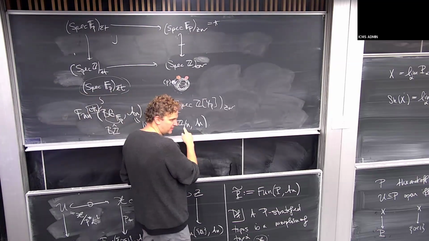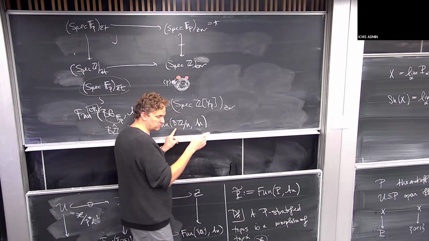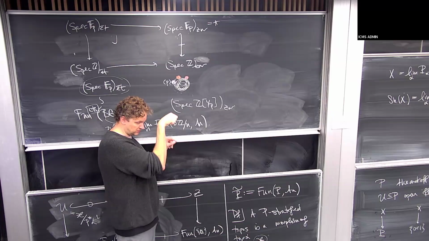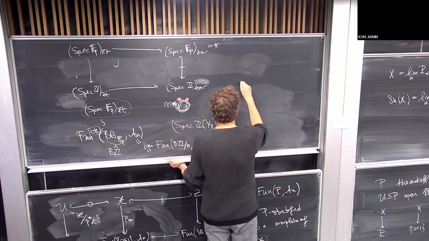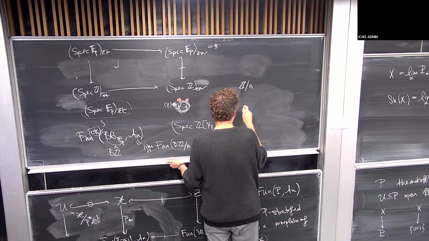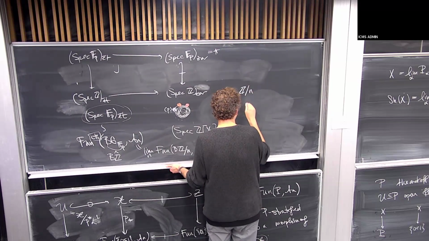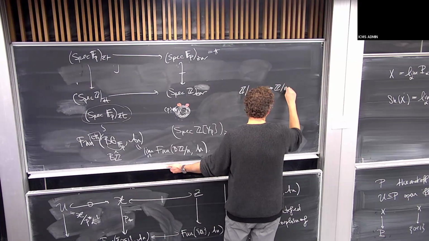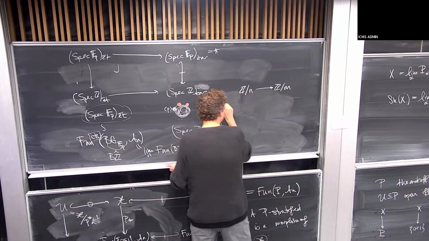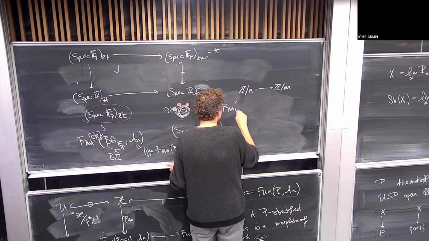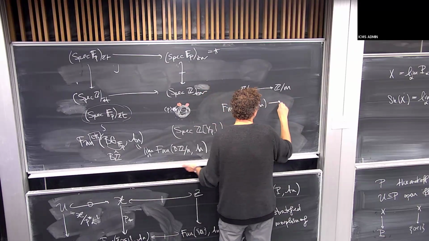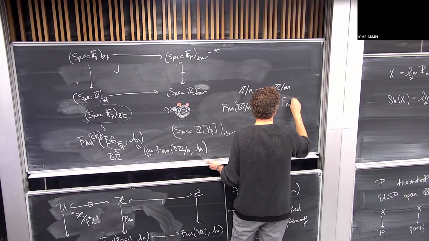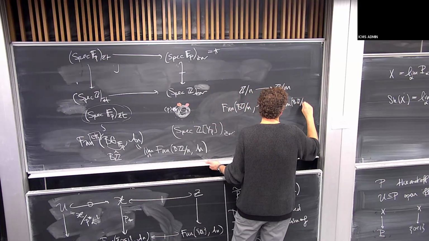And then the map is going in the opposite direction, but those are the upper stars, and I'm doing the lower stars. So if Z mod n maps to Z mod m, oh God, all right, fine, I can do it. Then I have a right Kan extension. And that's the functor that I'm using when I perform this. Oh, I see. Thank you for making me say that out loud.